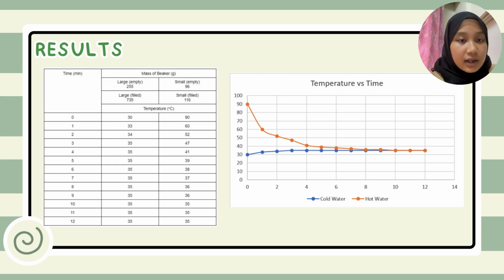So for the result, in this experiment, the first reading that we take is mass of beaker. So there will be two beakers, which is large and also small. So we take reading when the beaker is empty and also the beaker is filled with the water.